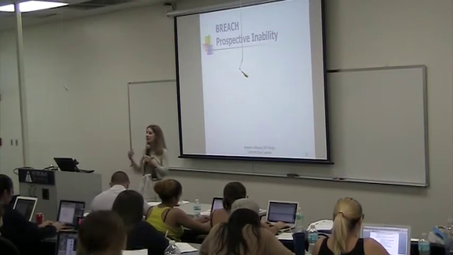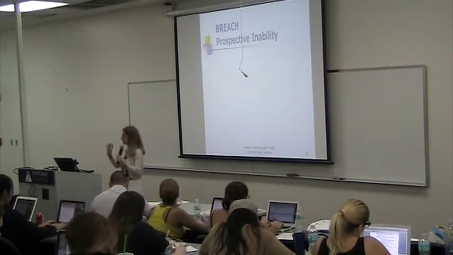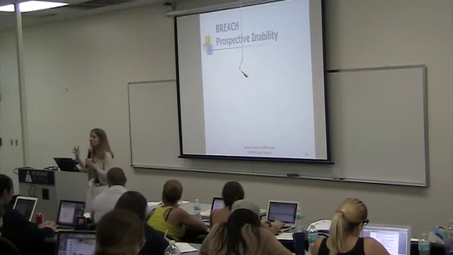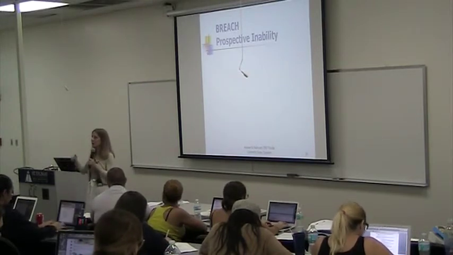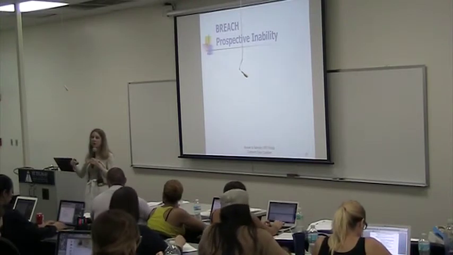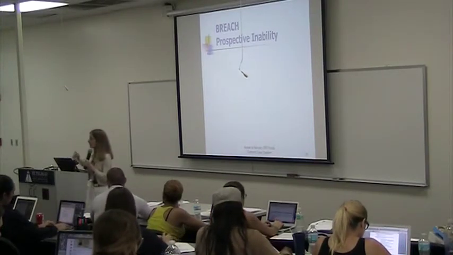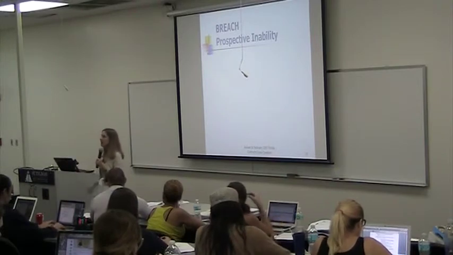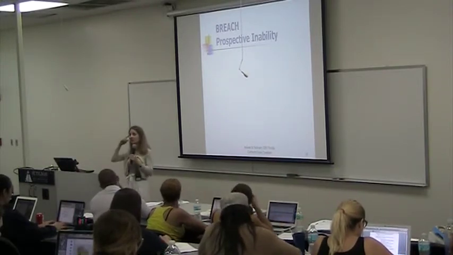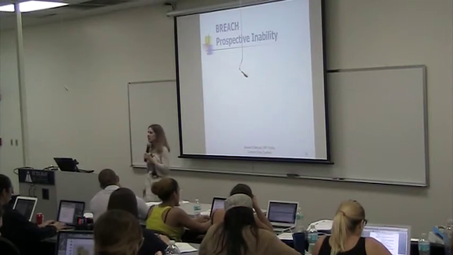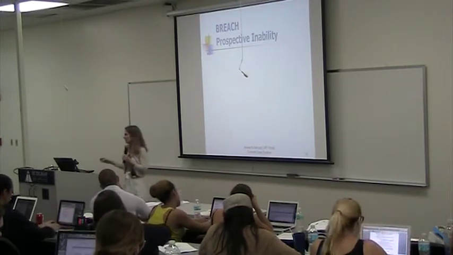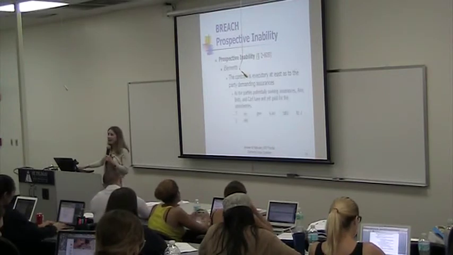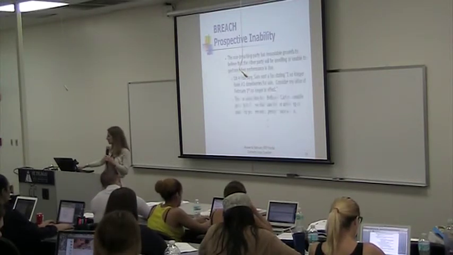And oftentimes, not in this fact pattern, the non-breaching party finds out that the other party is having financial difficulties or left the country or something like that. Makes you suspect, makes you think, is that party going to perform? If that's the case, then what you're supposed to do first is demand reasonable assurances.